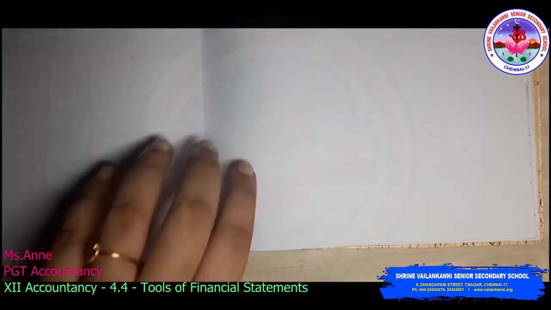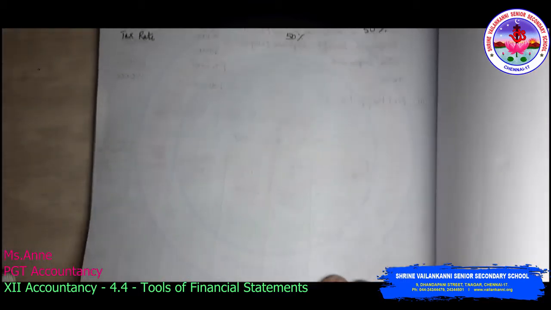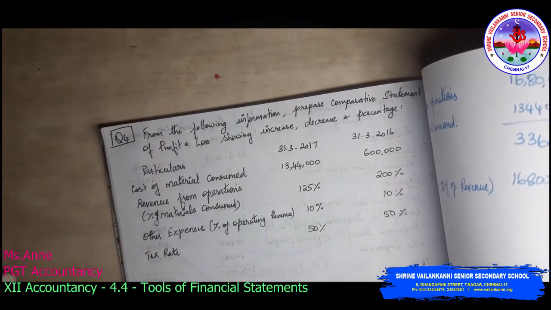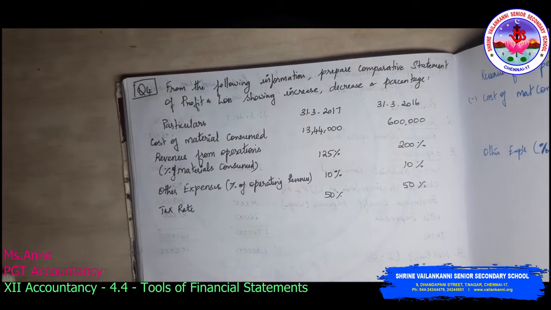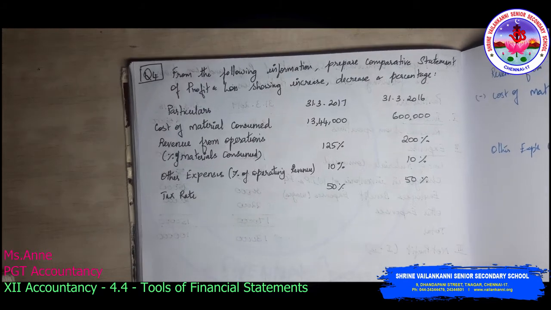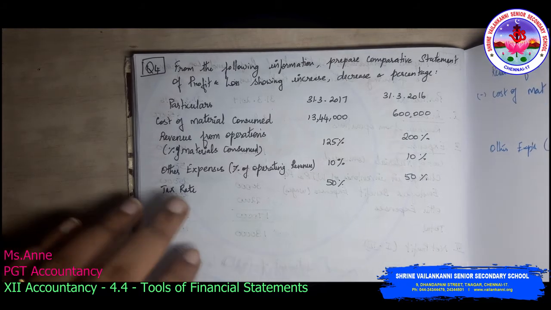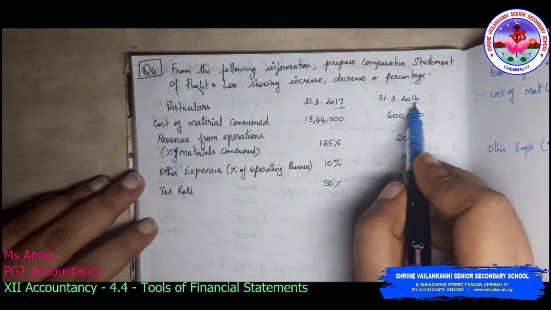The next problem that we are going to look into is a different type of question. Just focus here. From the following information, prepare comparative statement of profit and loss showing increase, decrease and percentage. Particulars 31/3/2017 and 31/3/2016. Here also the same year 17 and 16 has been there.